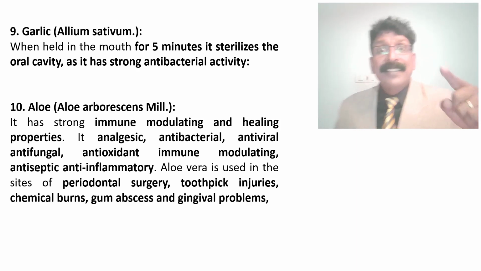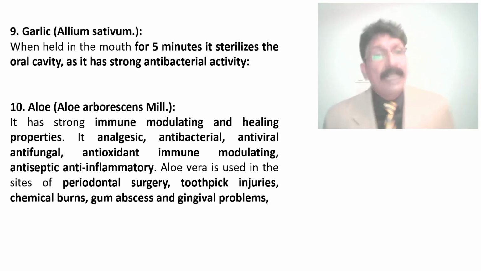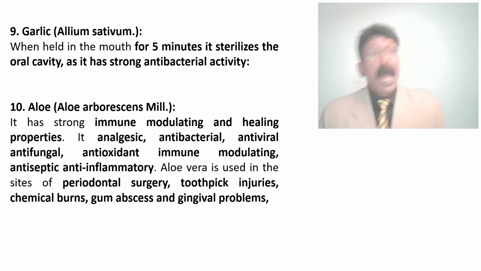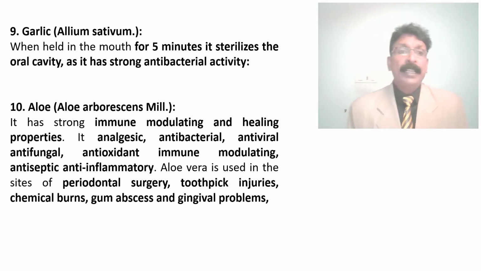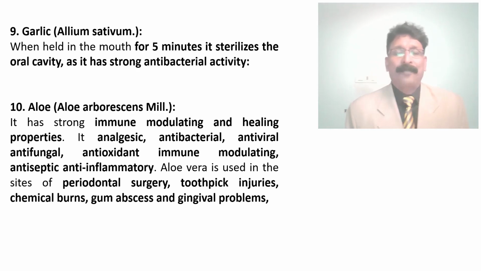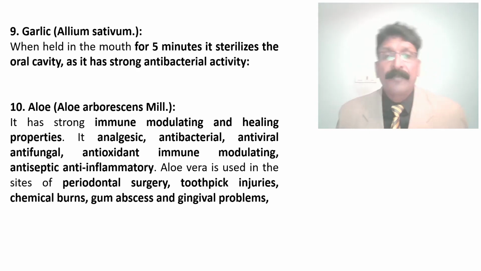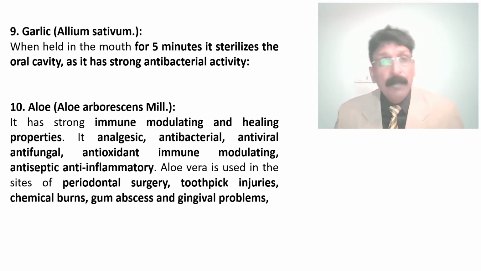It has analgesic, antibacterial, antiviral, antifungal, antioxidant, immune modulating, antiseptic and anti-inflammatory properties, and helps in oral care. Aloe vera is used in the sites of periodontal surgery, toothpick injuries, chemical burns, gum abscess and gingival problems.